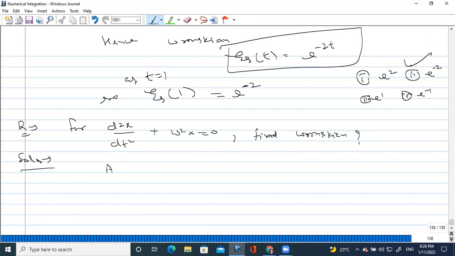Again, here the auxiliary equation is m square plus omega square equal to 0. So m will be plus minus i omega.